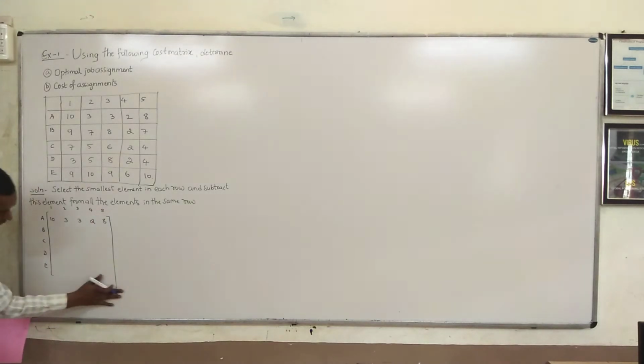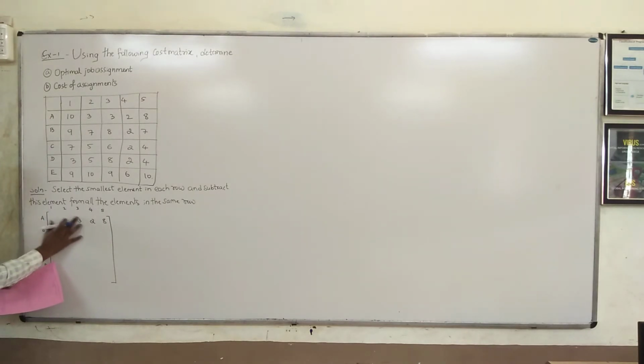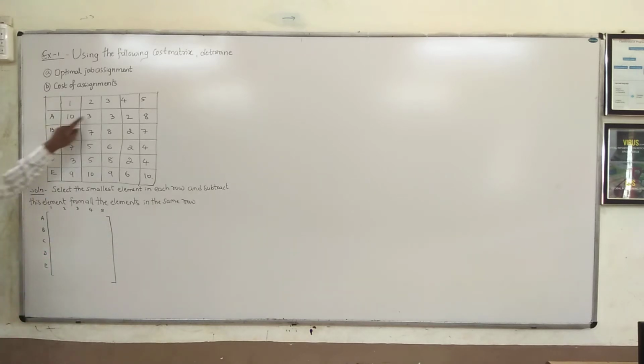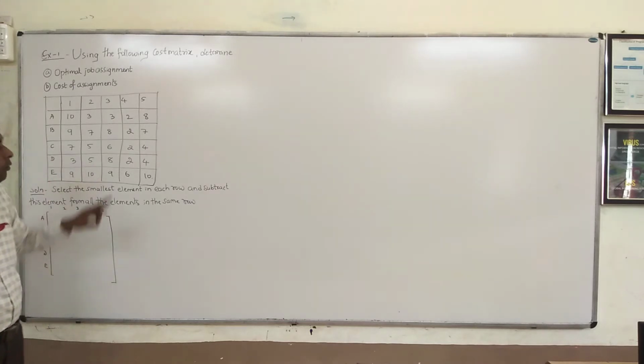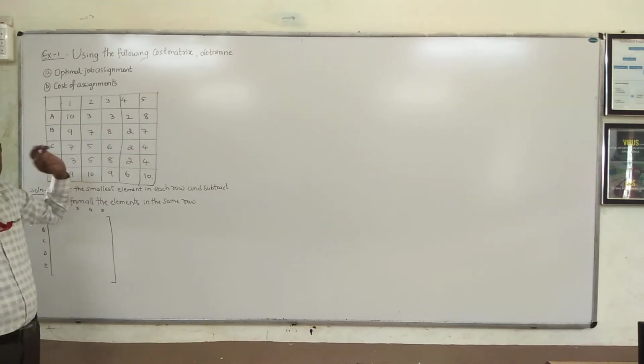Fine. So it is 10. What am I supposed to do here? Out of this first row, which is the minimum value? So 2 is the minimum. So this 2 has to be subtracted from all other elements in that particular row.